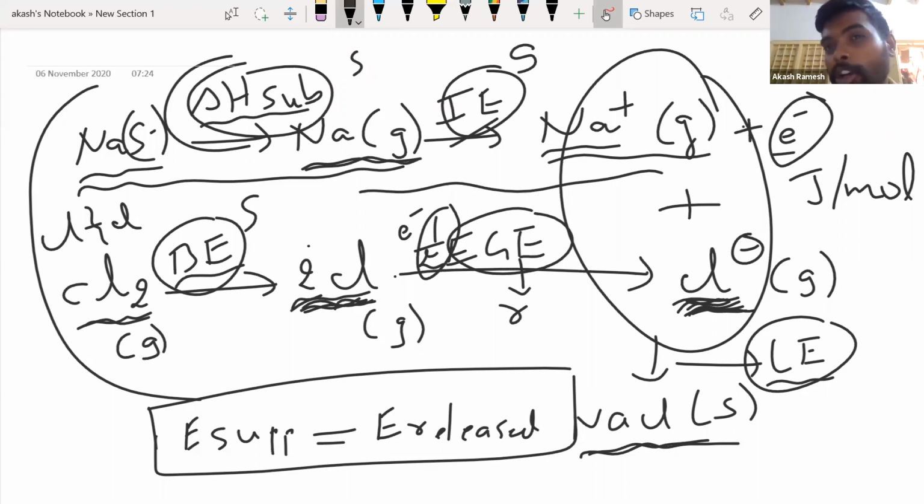You would have seen a lot of times electron gain enthalpy would be a negative value, even when we did some problems in periodic table. Coming to the last one, lattice enthalpy, released or supplied here? You don't have to think this much.